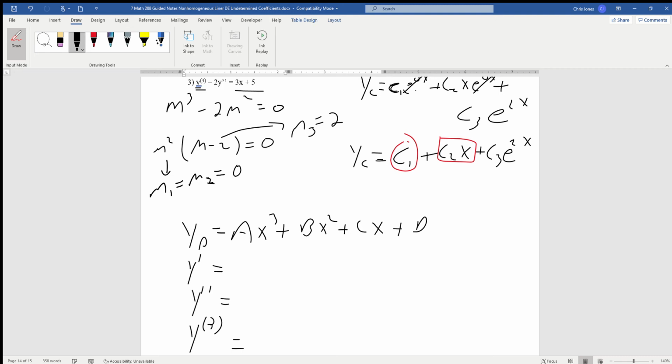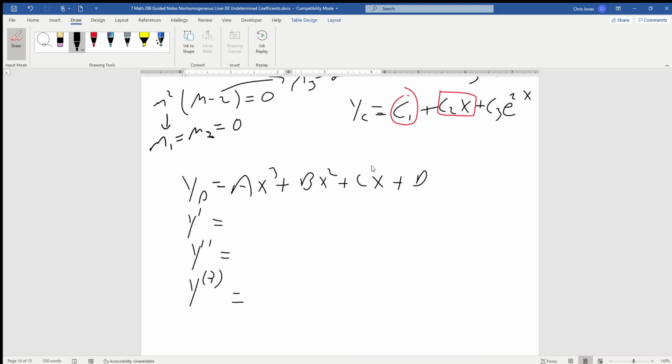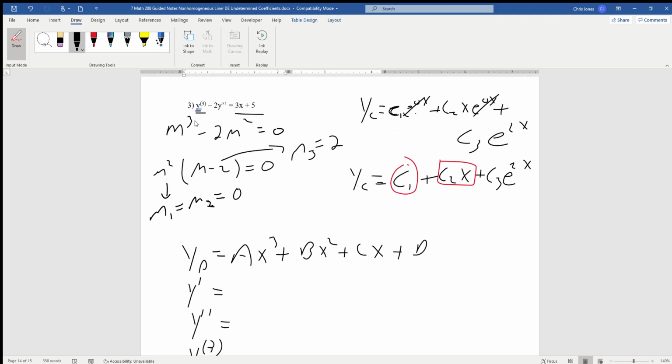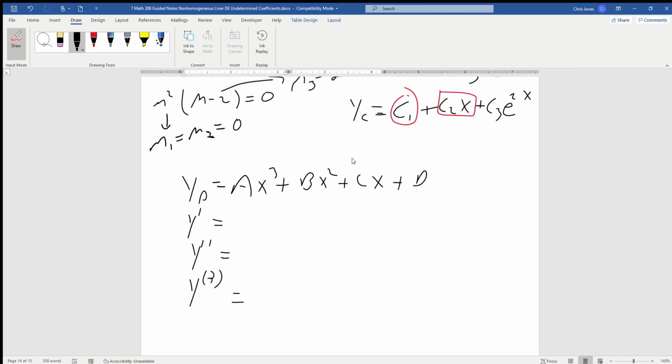When we find the successive derivatives, we need to make sure we have enough so that the original differential sticks around, in other words, doesn't go to 0. So we have 3ax squared plus 2bx plus c. Second derivative, 6ax plus 2b. And third derivative, 6a.